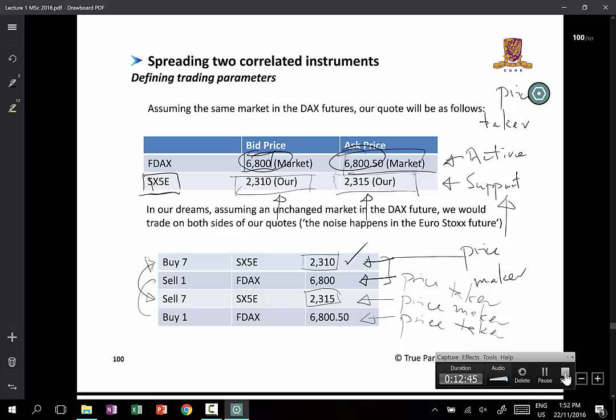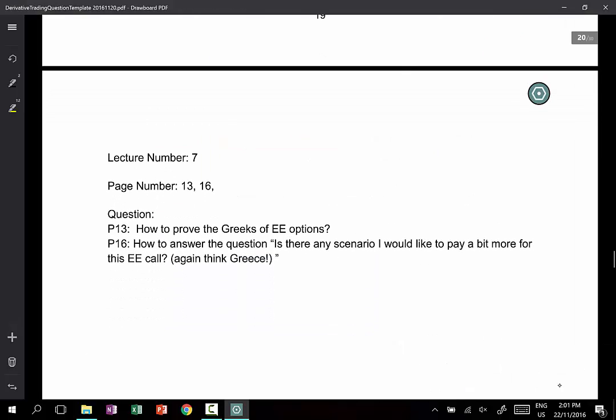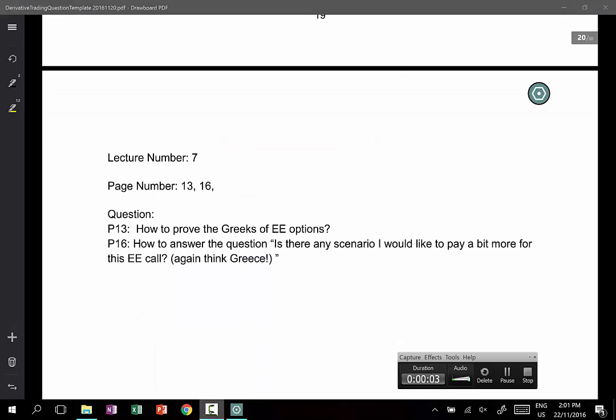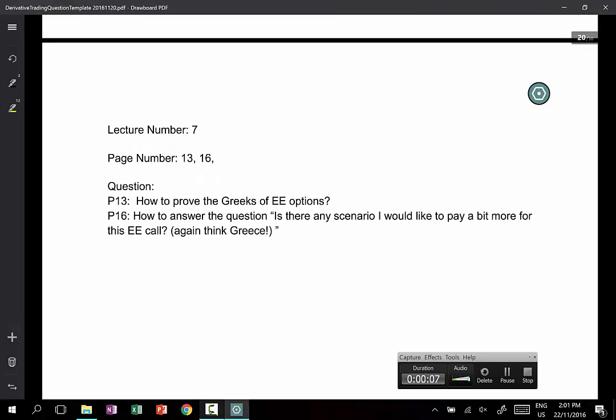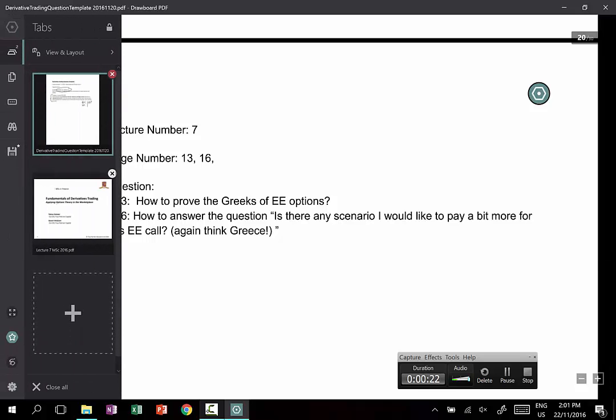Okay, let's now take a look at the question on page 20. This is related to lecture number 7 and pages 13 and 16. How to prove the Greeks of early exercise option. Alright, let's have a look at that.